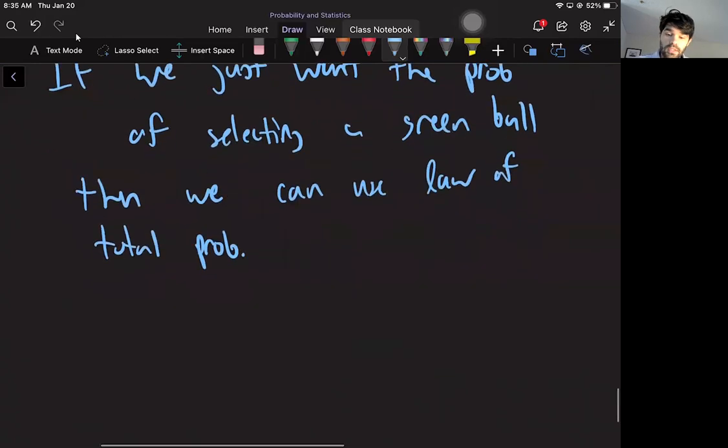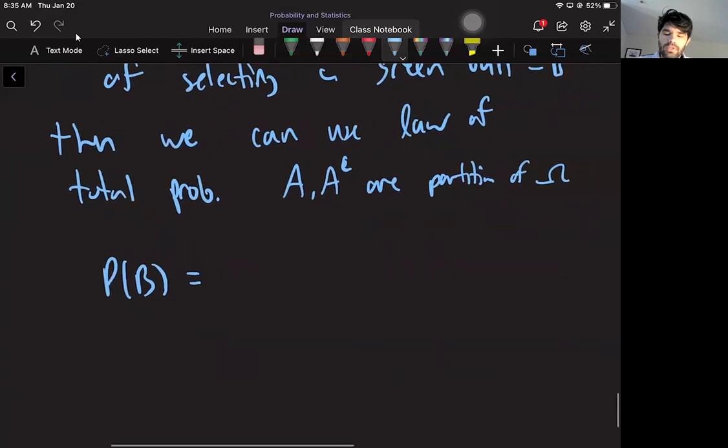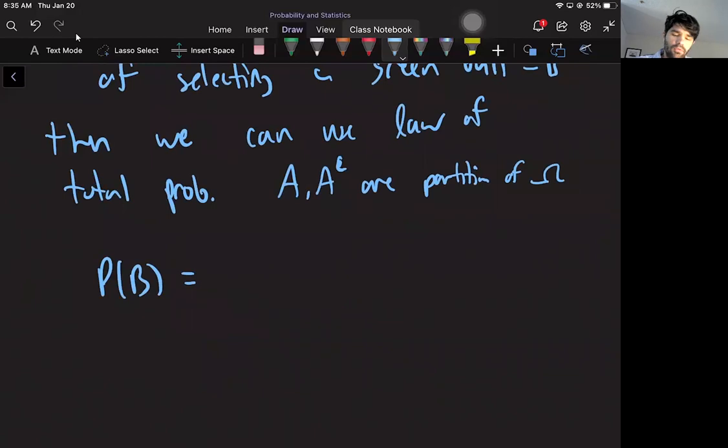Selecting a green ball, that was event B. So if I want the probability of B, I can use the fact that A and A complement are a partition of the sample space, because the two events are pick bucket 2 or pick bucket 1. Those are complements of each other, and all the outcomes are in either one or the other of those two events, so they partition the sample space. So then I can use the formula I wrote down earlier.